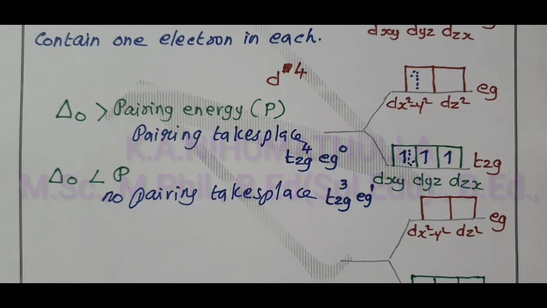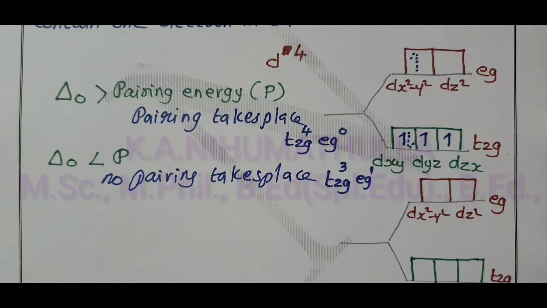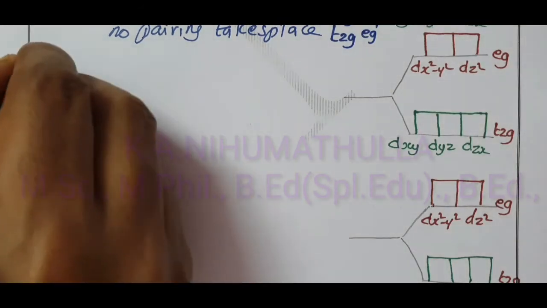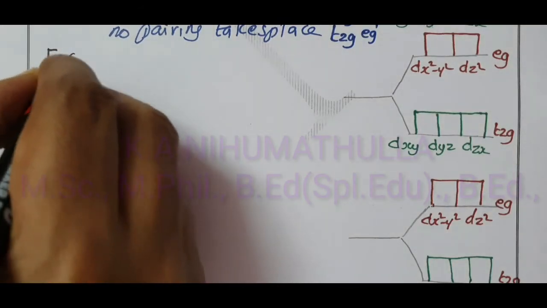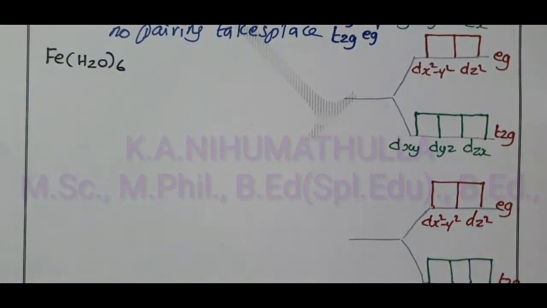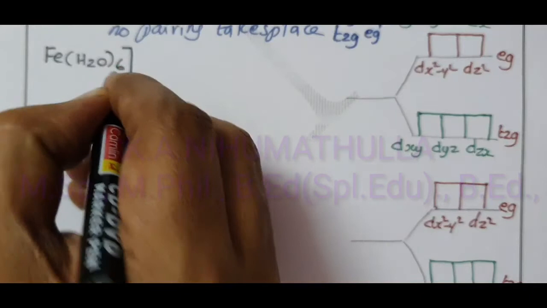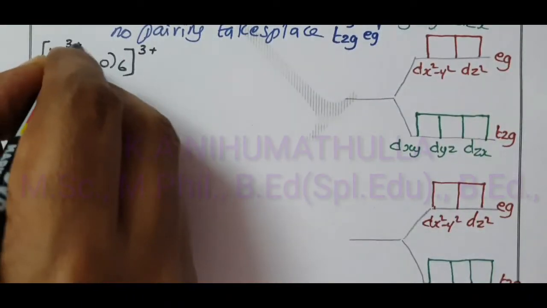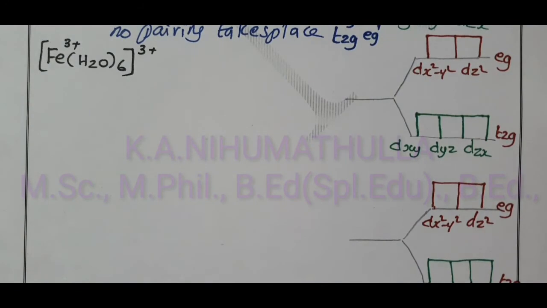Let us consider two different ion complexes. One is [Fe(H2O)6]3+. The iron oxidation state is also 3+. What is the name of this complex?